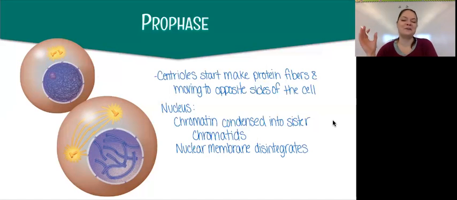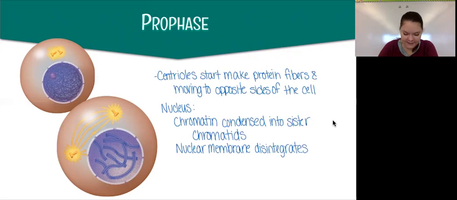Moving on. So we've got the chromatin, it is condensing. We've got this nuclear membrane that is like, goodbye, it's been fun knowing you. So keep in mind that everything we're talking about until telophase, we have all of that happening in the cell. It's hanging around the mitochondria and the Golgi apparatus. It's all there too. It is not in its own little compartmentalized nucleus anymore at this point.